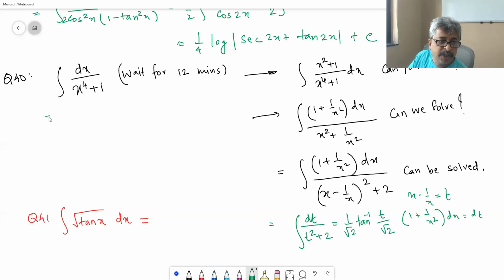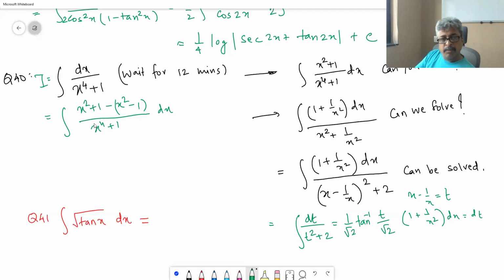What is given to us is I is equal to integral x square plus 1 minus x square minus 1 divided by x raised to 4 plus 1 dx. And what we are doing is unnecessarily multiplying numerator by 2, so we should have half outside.